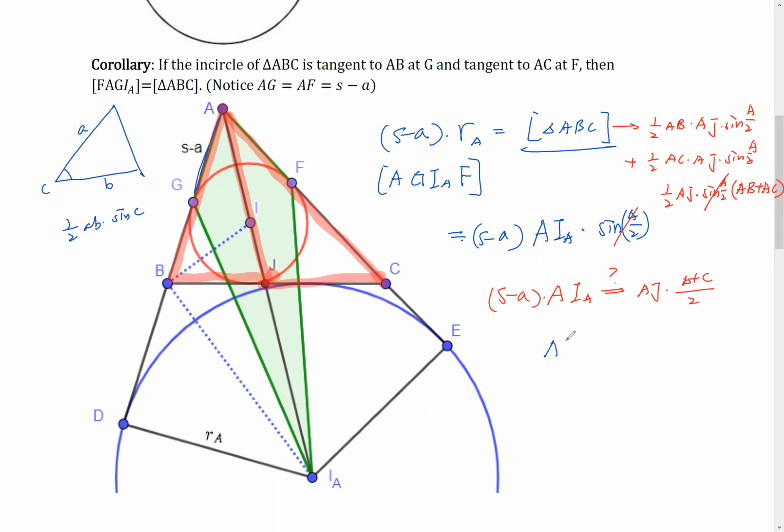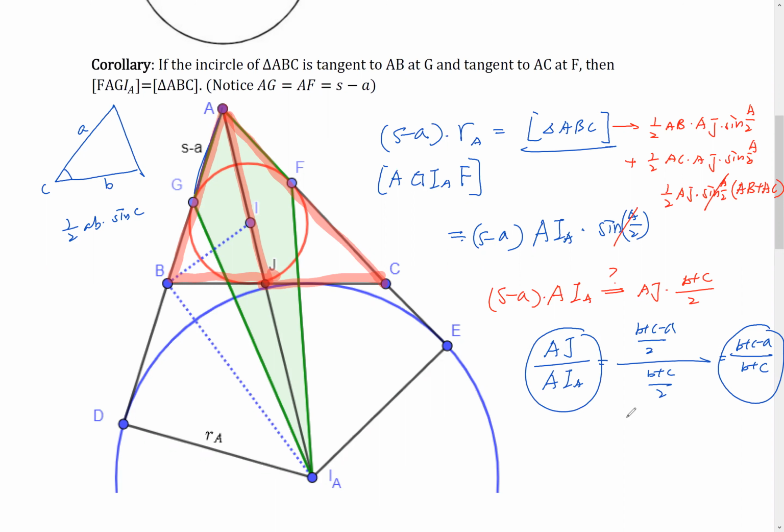So we're trying to prove that AJ divided by AIA equals (s - a), which is half (b + c - a), divided by this term, half (b + c). It should equal (b + c - a) divided by (b + c). Interesting. Is that correct? Does this equation hold?